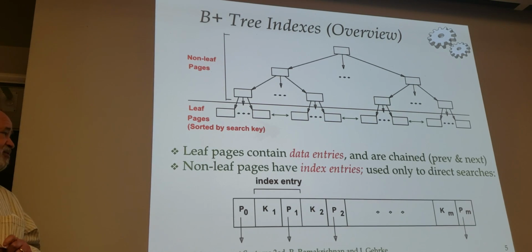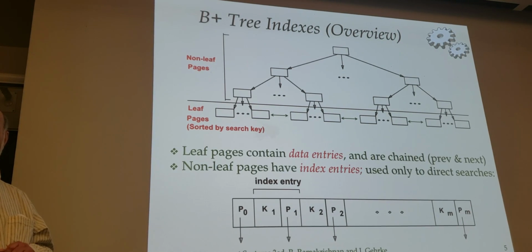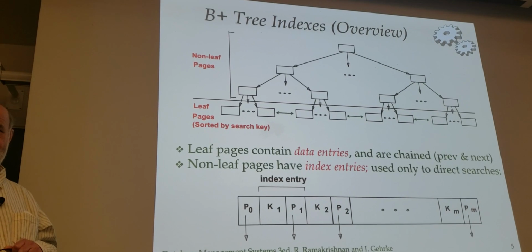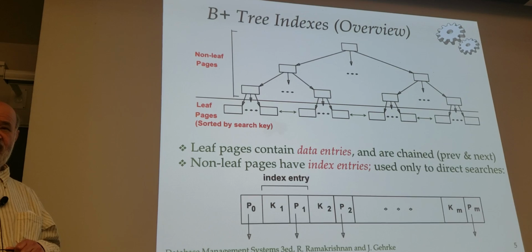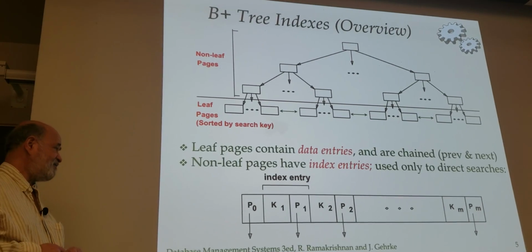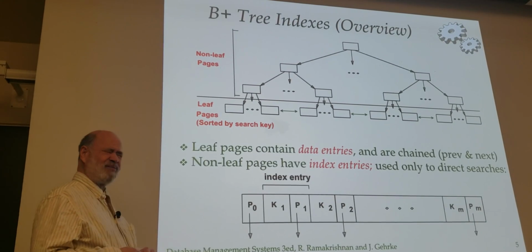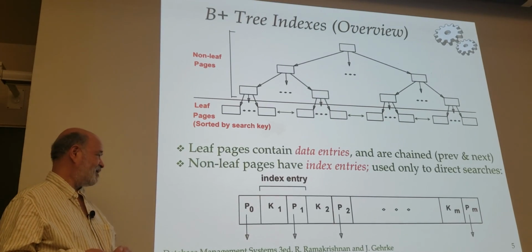You'll notice that these traffic cop pages have more page pointers in them than they have traffic cop keys. I'll see if I can say this right, because I always forget which side the equals is on.